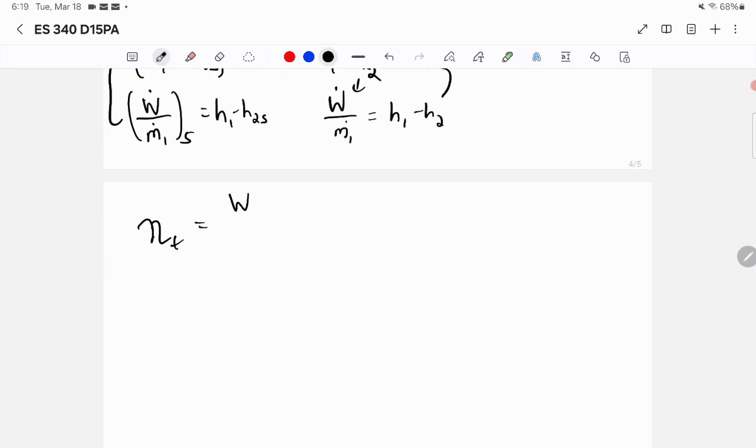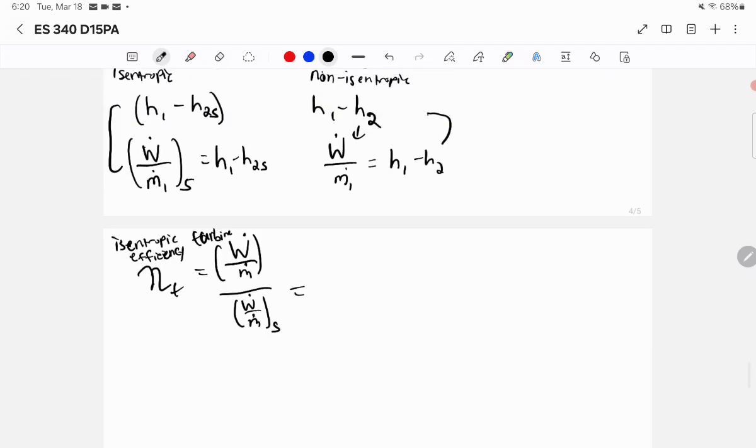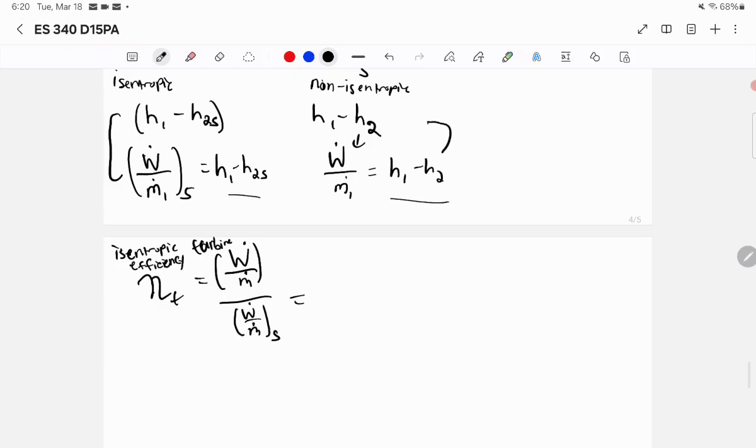isentropic efficiency then for a turbine with no heat transfer, right? With no heat transfer, whatnot, is going to be this divided by this, W dot over m dot S. And obviously, since this is true with no heat transfer, this becomes h1 minus h2.